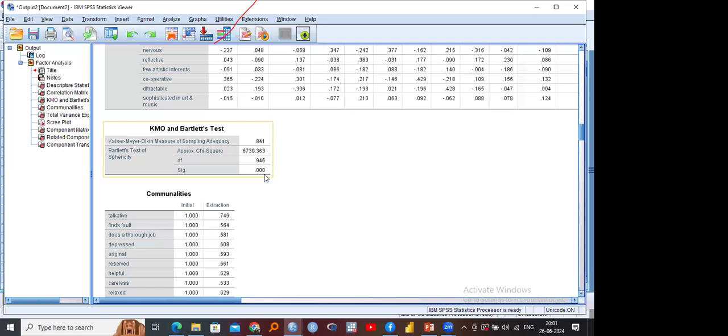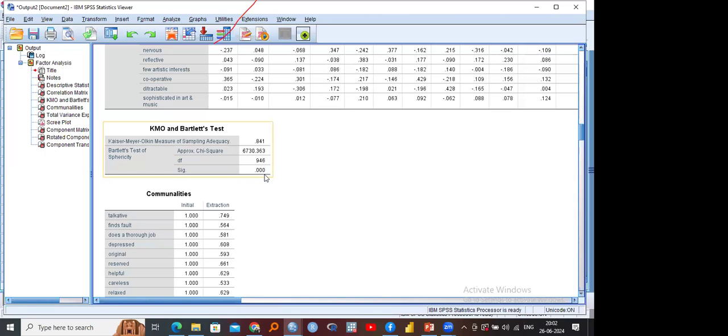Whenever anybody does factor analysis, if these values are not mentioned in the text, then we definitely write in the comments that both these values should be mentioned at least in the text, because these are important for you to decide whether your data is suitable for factor analysis or not.